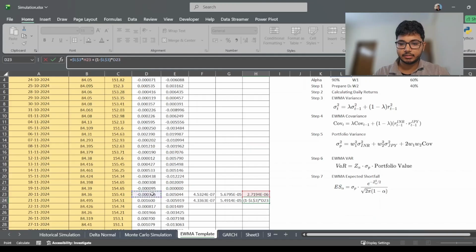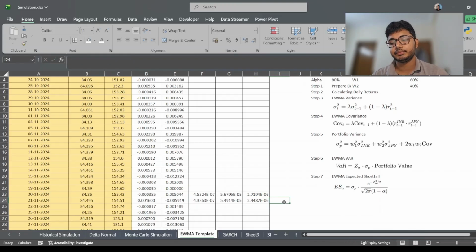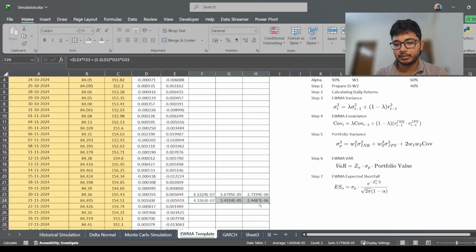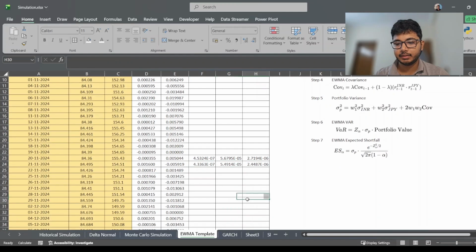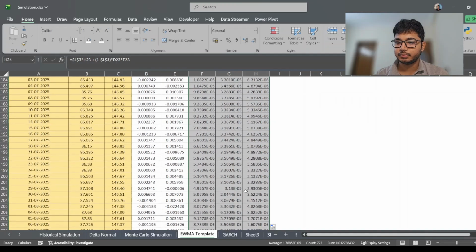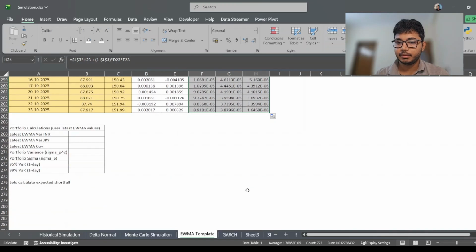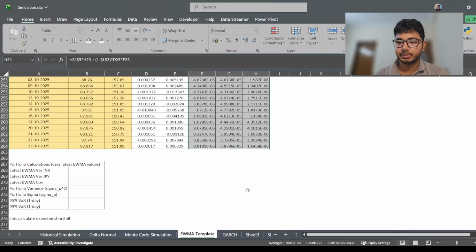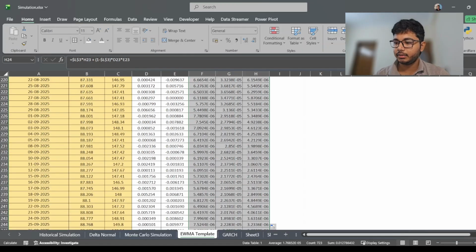I can take returns of these two values here. Okay, then I can simply just drag this formula. Okay. So we found out the EWMA.